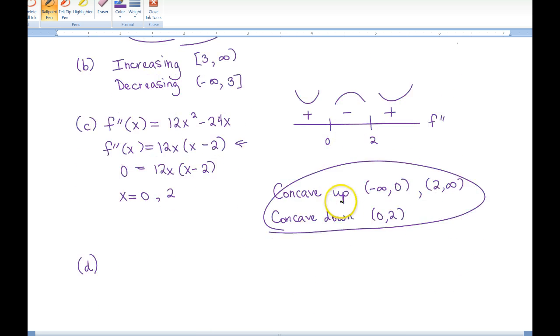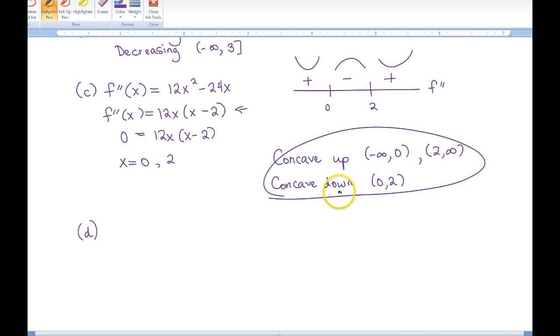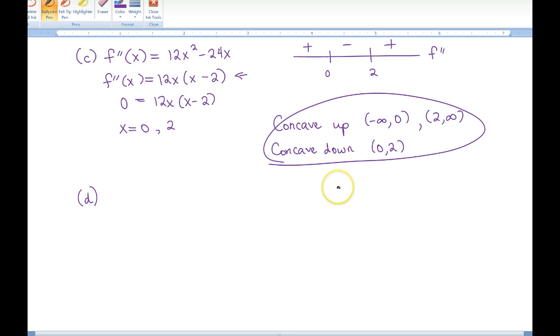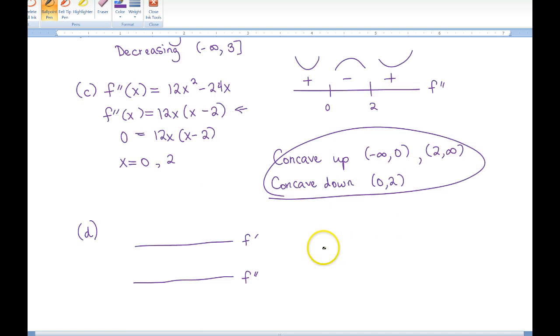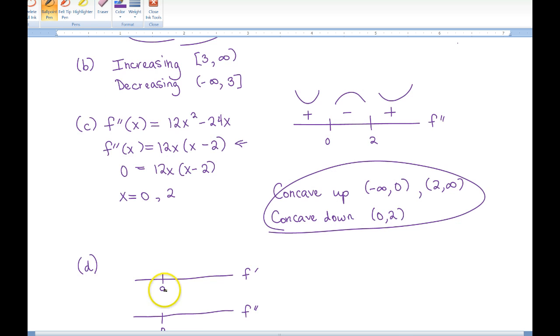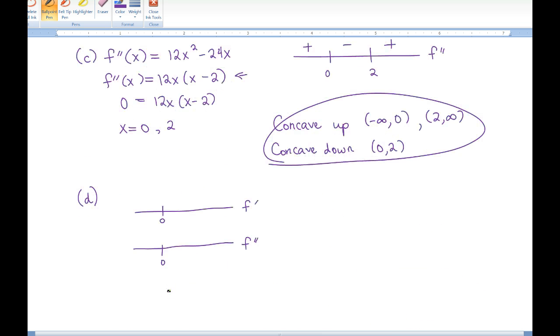So sometimes it helps to make the number lines kind of on top of each other just to see what's happening. So like here's my f prime, and then right underneath that I'll put f double prime, and I'll try to match things up. So for example, at 0, we saw that if we look back up here, it was decreasing, right? It went down, but it was also concave up.